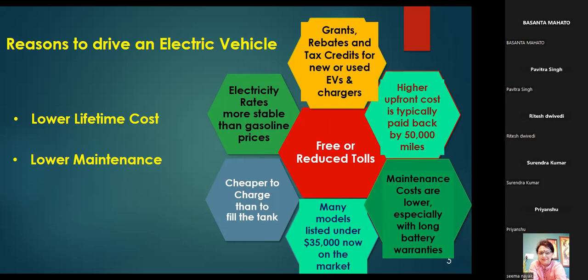So various parts are involved in the traditional vehicle, but in case of the electric vehicle, only electric motor, inverter, charger, and drive mechanism. So limited parts are used in this electric vehicle. So cost of maintenance is low. So cyclic maintenance of this vehicle is very low as compared to the traditional vehicles.